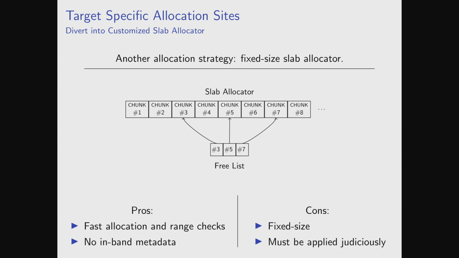Basically, I select a bunch of allocation sites, and then I choose the largest size that is allocated. And then I create a slab allocator where every allocation is that size. Then there's no in-band metadata, and allocation and free are basically free in terms of performance. And it's very easy to do range lookups and so on. So this is how you get the best performance, but you have to be judicious about how you apply it.